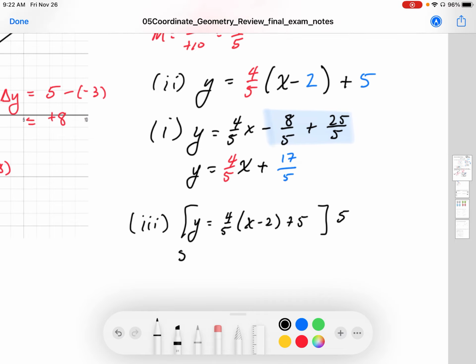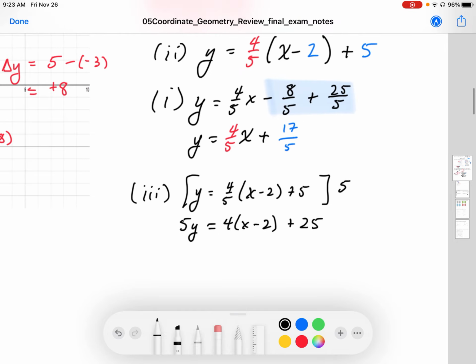When I multiply this through, I get 5y is equal to 4x minus 2 plus 25. I just have to make sure I'm careful with my algebra, that I don't double multiply the brackets, and that I distribute every term. If you want to get rid of the brackets inside brackets first, then multiply by 5, that would also work.